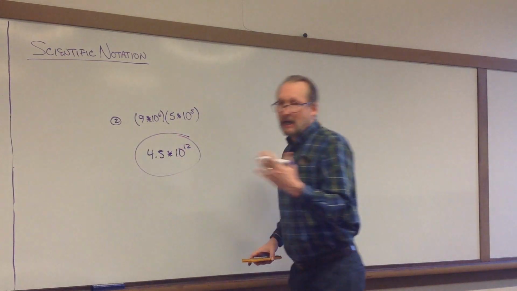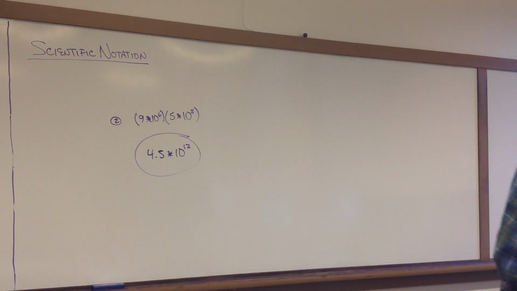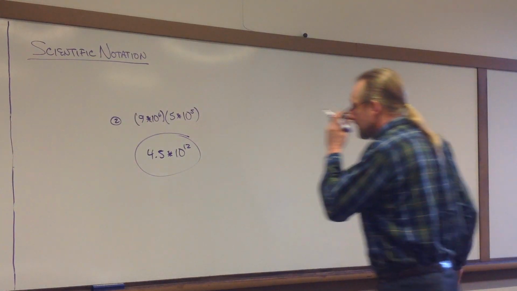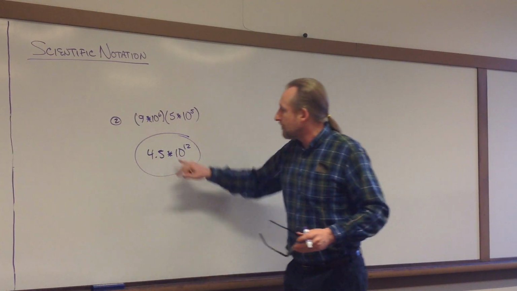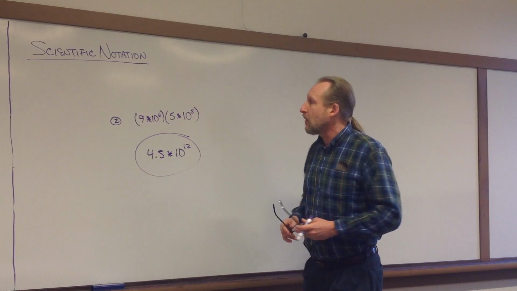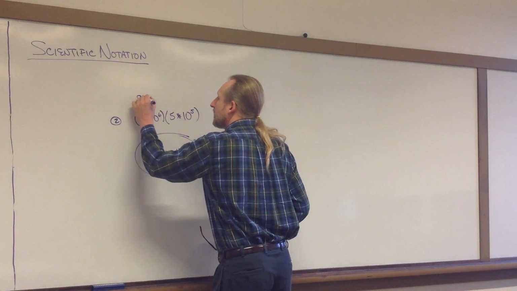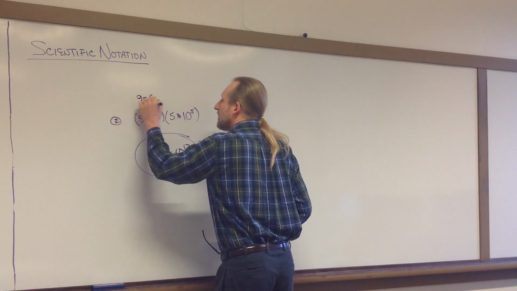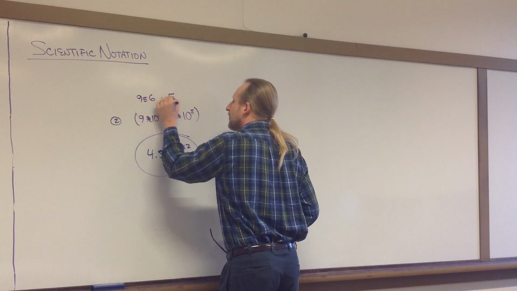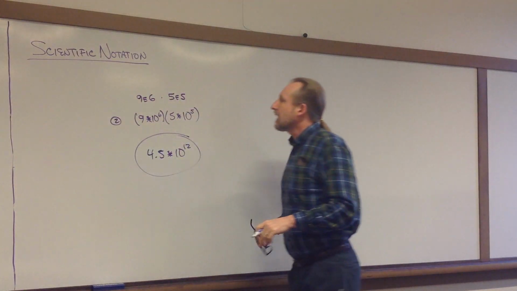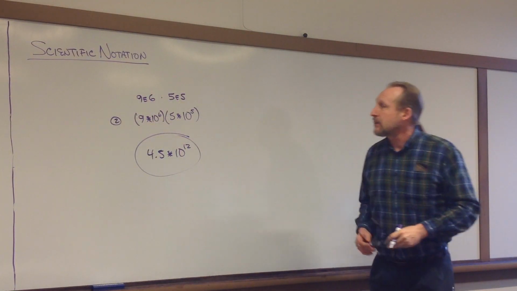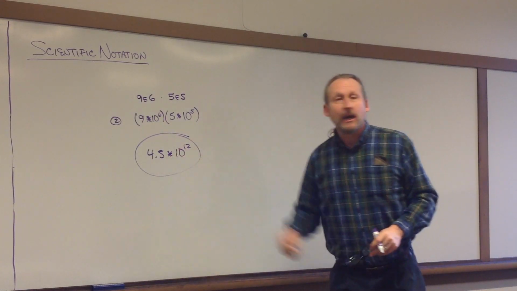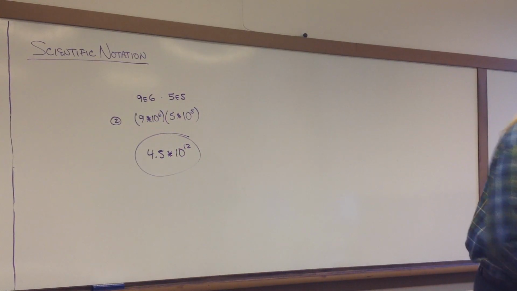And I do ask that you use the standard scientific notation, which involves times 10 to a power, rather than the calculator notation, this 9E6 times 5E5. That's fine if you're using a calculator, but if you're going to write an answer down, please use the standard scientific notation.